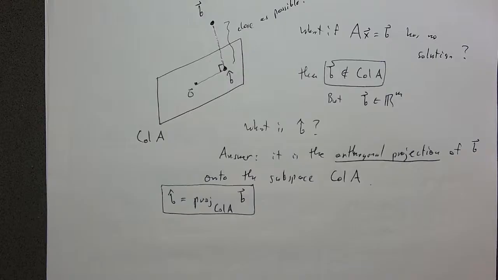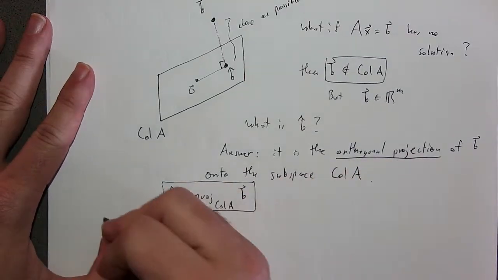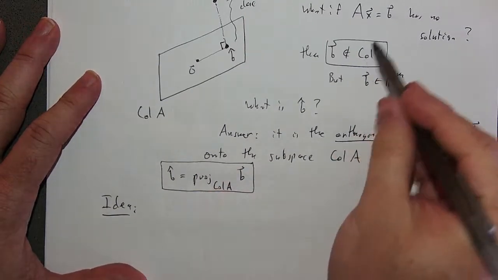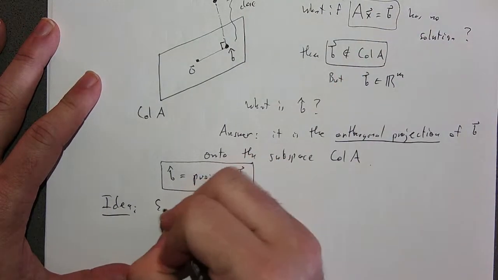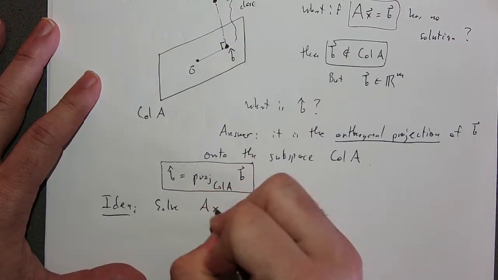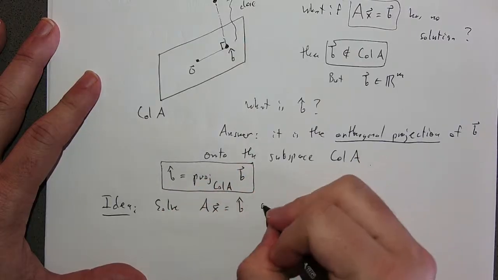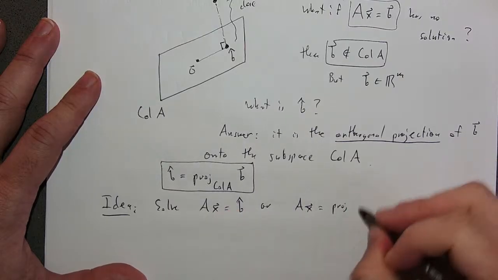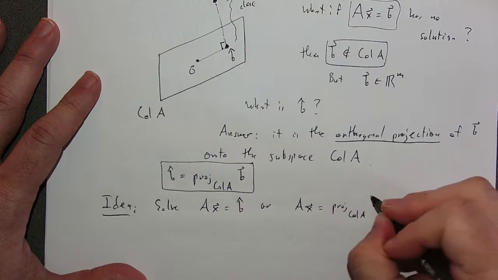Okay. All right. And so now what do I say? Well, my idea is to solve not the original equation, but to solve AX equals B hat, or writing it out here, AX equals the projection onto the column space of A of the vector B instead.